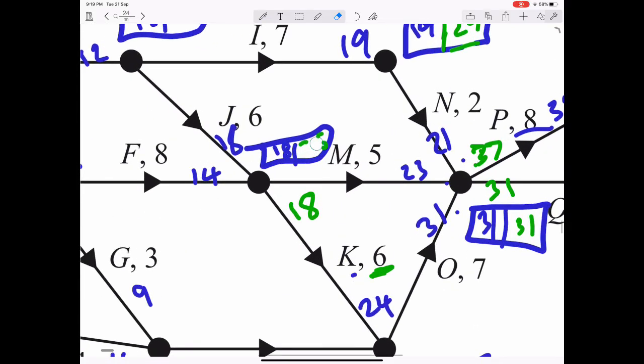So that is wrong because 26 should have gone over here, and we wait till we find what the smallest number is. So 18 is here.